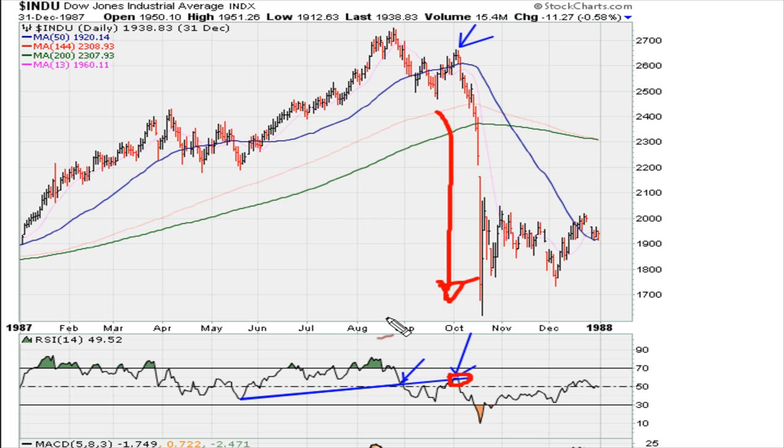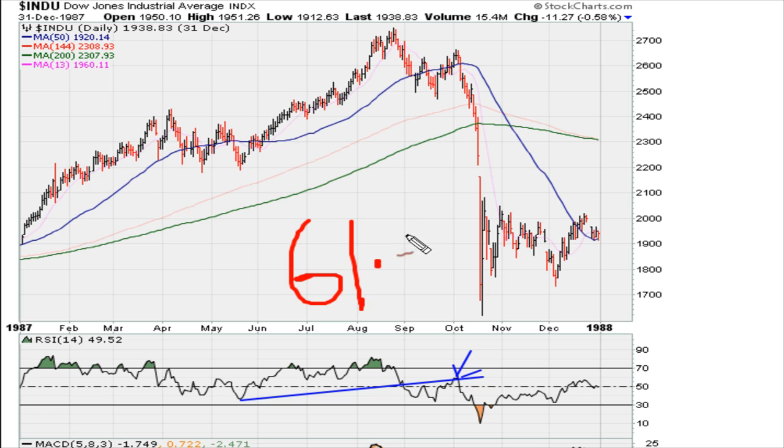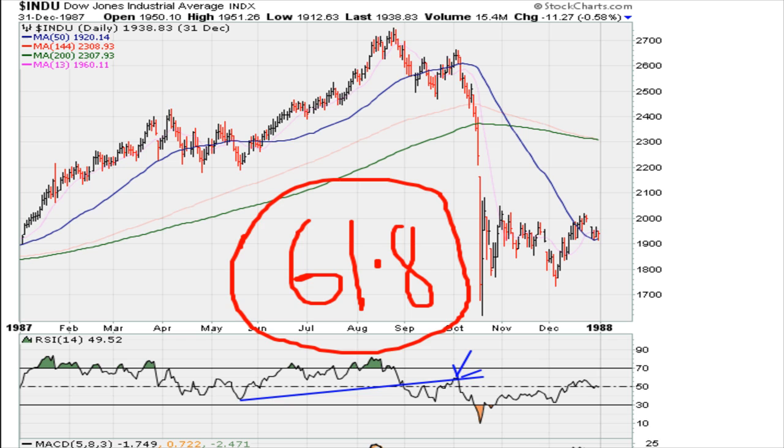So that was one view, that the market had a backtest failure on that line. Again, the line was this line here. Keep in mind that this rejection here, surprisingly or not, took place around 61.8. Where do we see this number? Exactly.